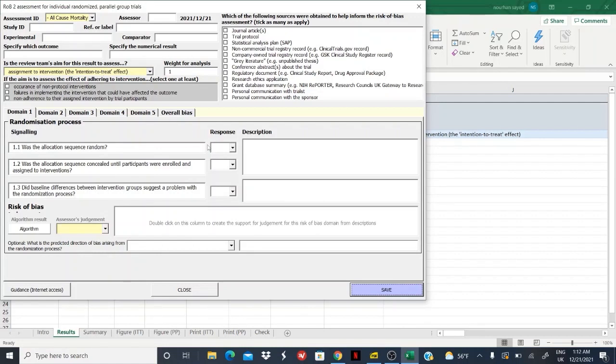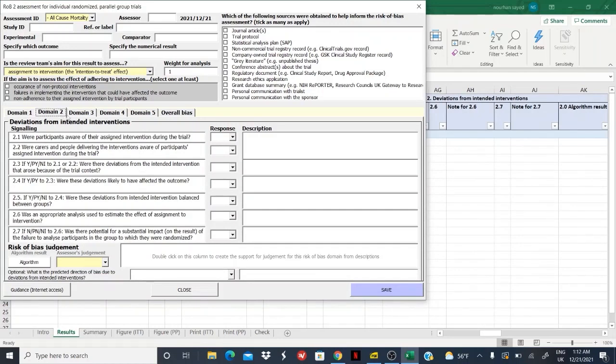Now you'll notice that each of these domains here, 1 through 5, each of them consists of several what are called signaling questions. Signaling questions are essentially the components of each process. So with respect to randomization, we're going to be asking 3 questions, and these 3 questions considered together will allow us to pass an overall judgment on this domain.